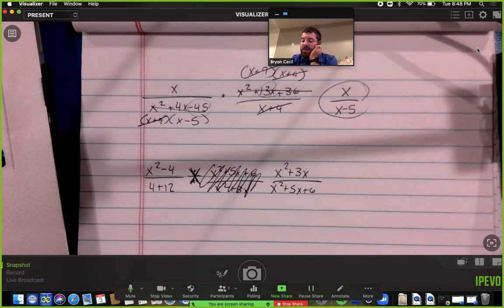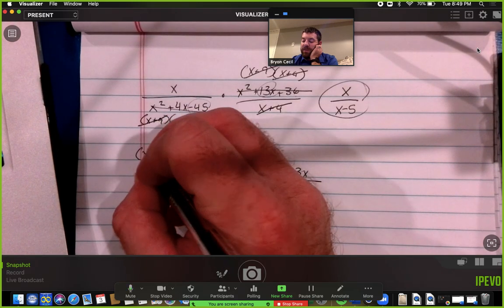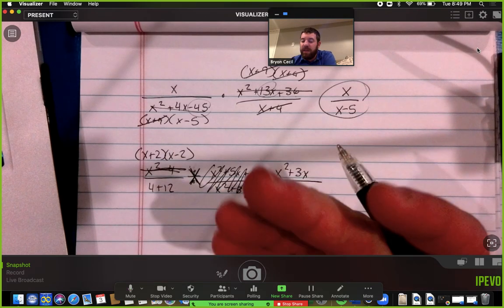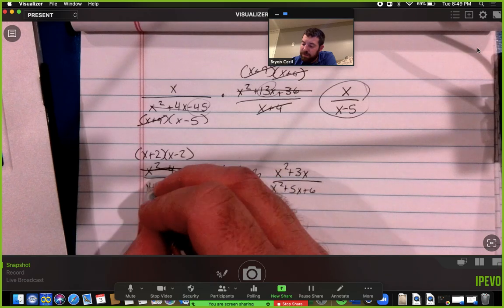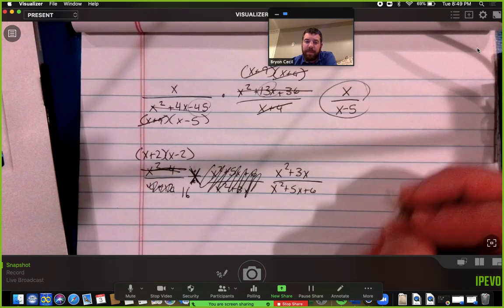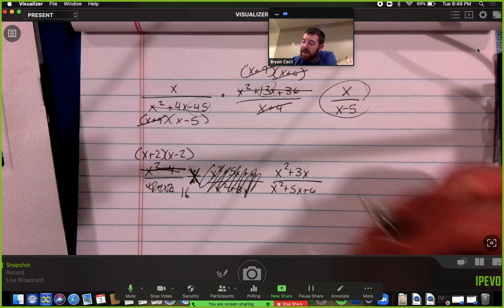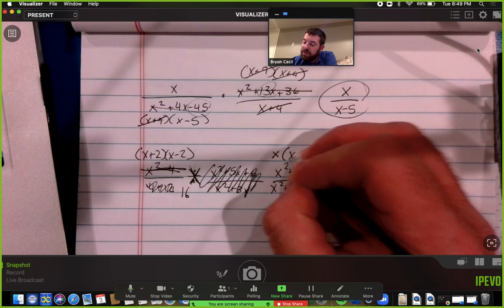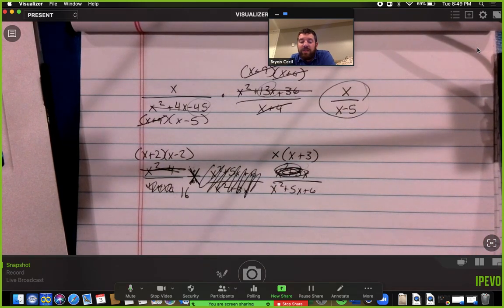This is a perfect square, x squared minus 4. It actually turns into x plus 2, x minus 2. I mean, come on, guys. 4 plus 12, it's 16. Now, these don't factor except that we do have an x in both of them, so we can pull it out. So x plus 3. I know, a lot of scratching, but I like to do that so then I know, hey, it's gone and I'm just dealing with the new one.